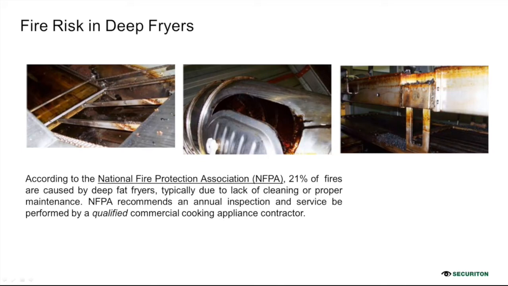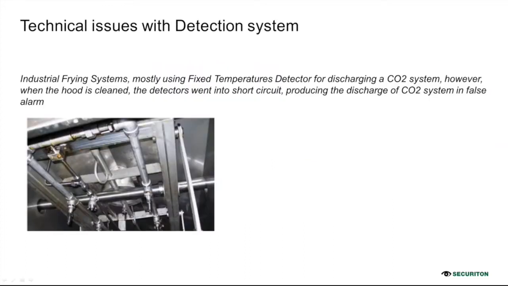So we have to look into a system that works well and can cope with such an environment. Even if they fail to do the maintenance, our system should still be able to do detection. That's what we are presenting today. As I mentioned earlier, from the NFPA clause, industrial frying systems mostly use fixed temperature detectors for discharging CO2.